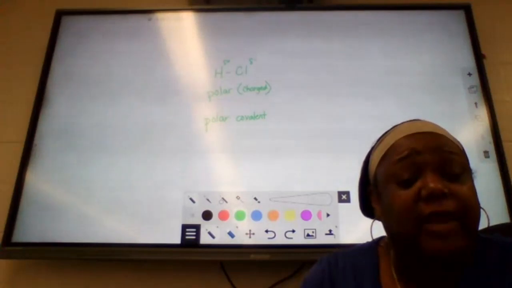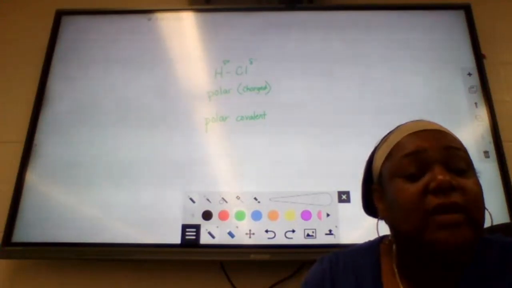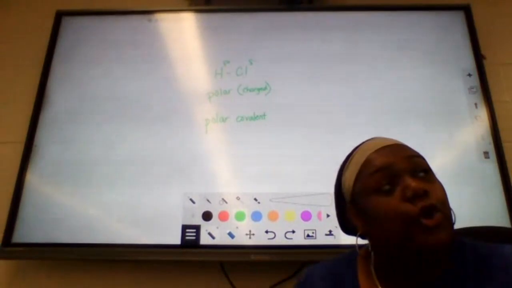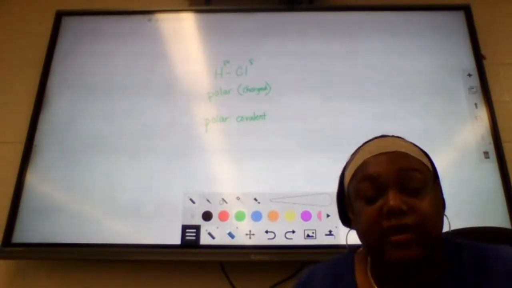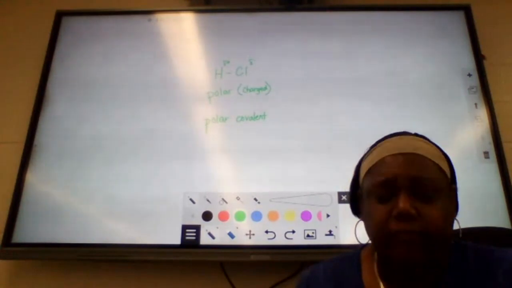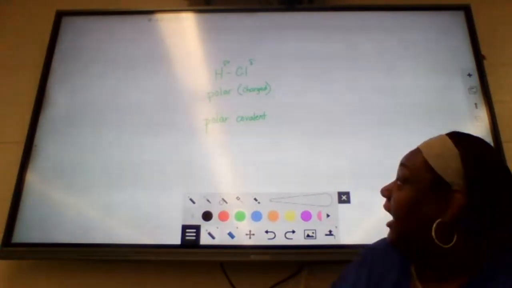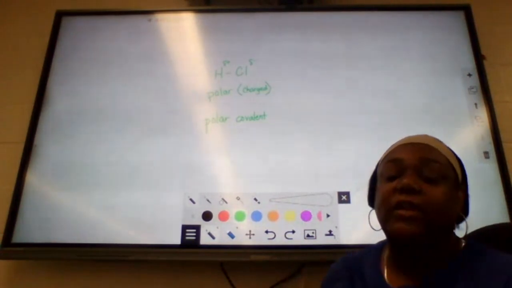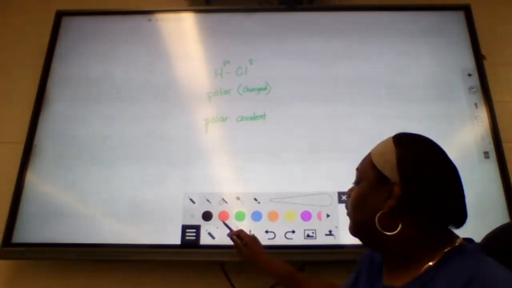Now, your book has a very good chart of electronegativities. You can find that chart on your homework using the additional resources at the bottom of your problems. The element that has the highest electronegativity is the one that's going to get the partial negative charge.